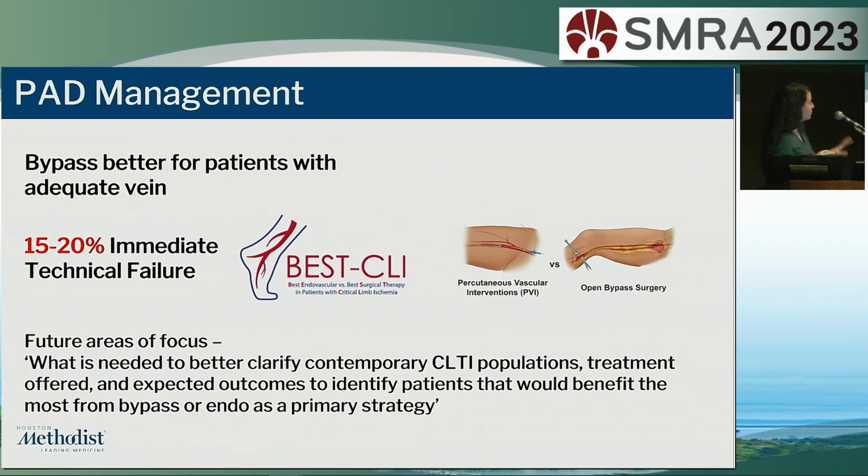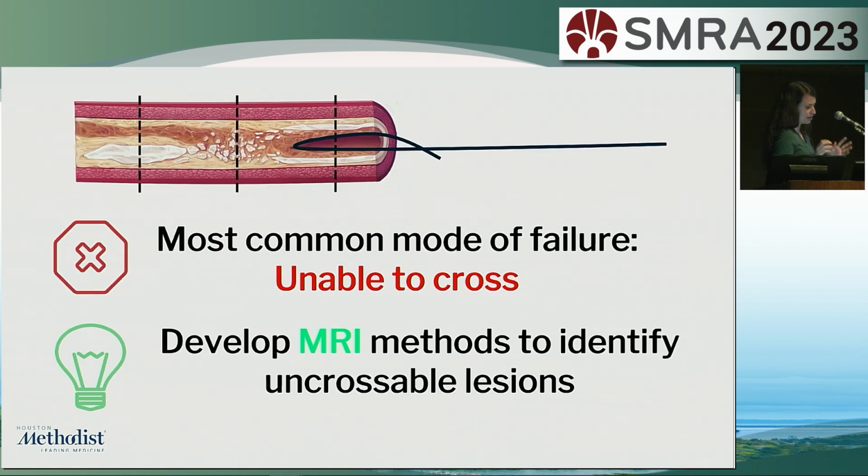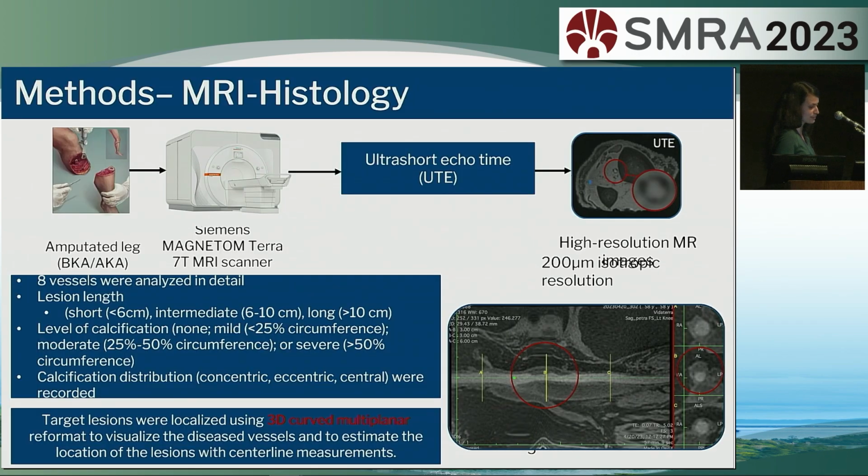Looking at this immediate technical failure rate, the best would be to identify those patients who would be an immediate failure directly using imaging methods. And developing these new MRI methods can help us ultimately to identify these uncrossable lesions in PAD patients.